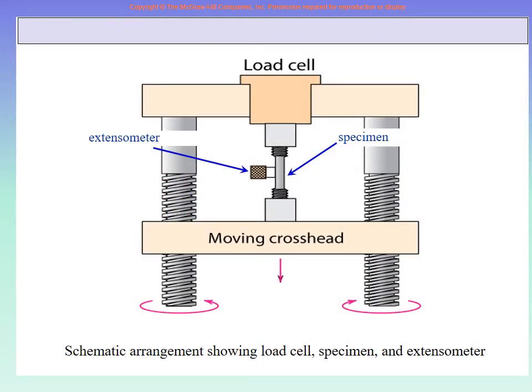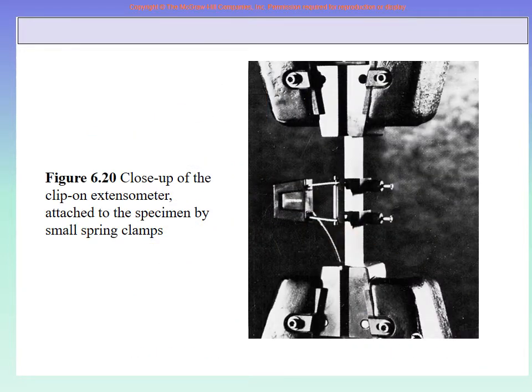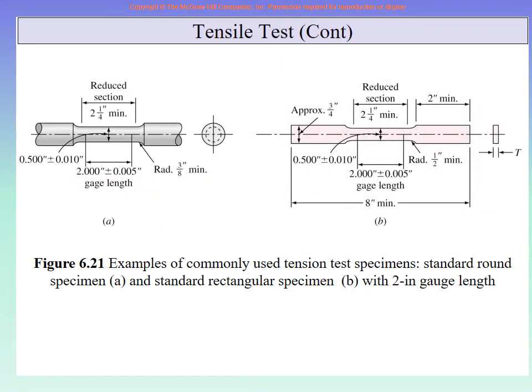More general schematic of the moving crosshead, of the load cell, of the specimen, of the extensometer. And then a close-up of a piece which is fixed into the grips and on which the extensometer has been attached. We showed you the exact dimensions of a round bar and a flat bar that is used for tensile testing.